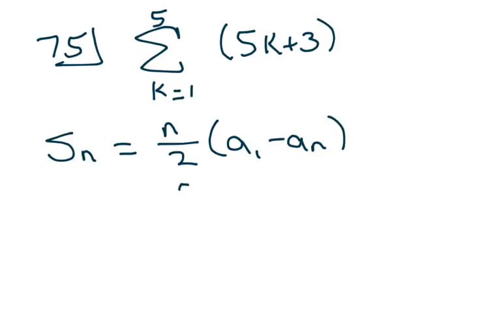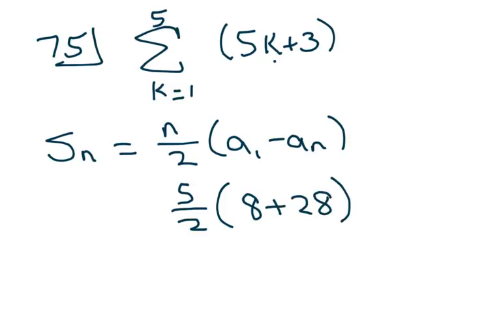My n is 5 terms, and then my a sub 1 is going to be 8, because I plug in 1, and plus 28 here, and then you can add that up, 36. 2 goes into 36 18 times, and 18 times 5 is something. So bottom line is the answer is 90.